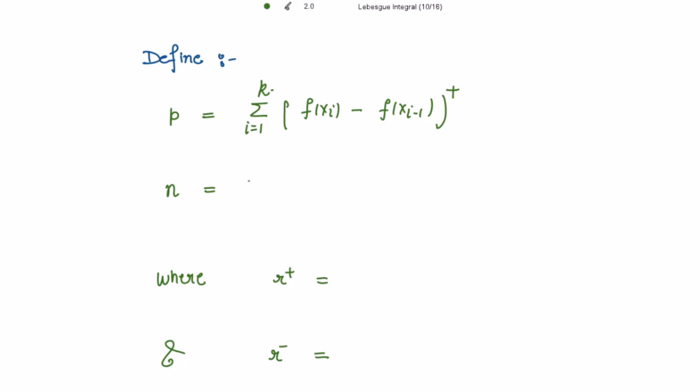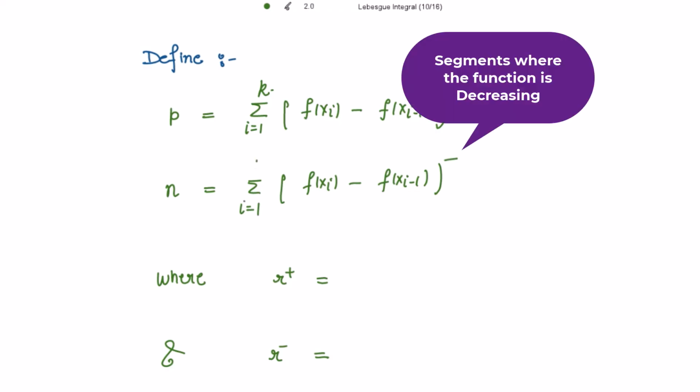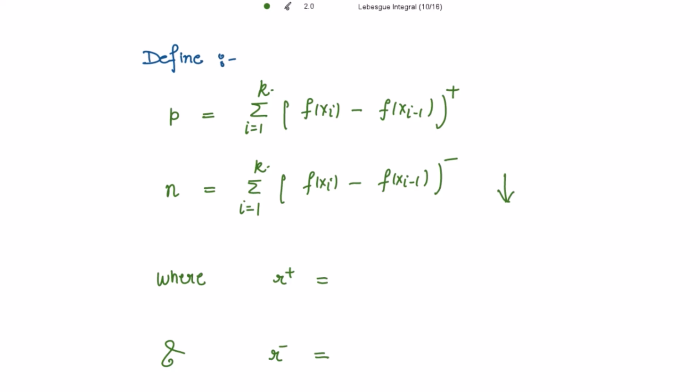And let's take n to be the summation of f(xi) minus f(xi minus 1), that is the negative variations. Negative variations means to identify the segments where the function is decreasing, right? And sum their absolute negative variations to the function's total change, right?